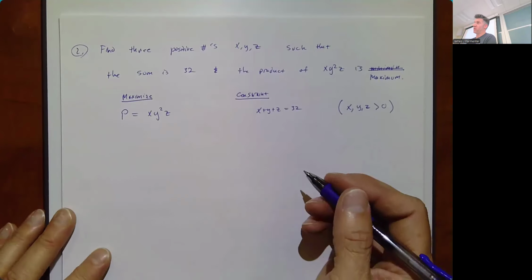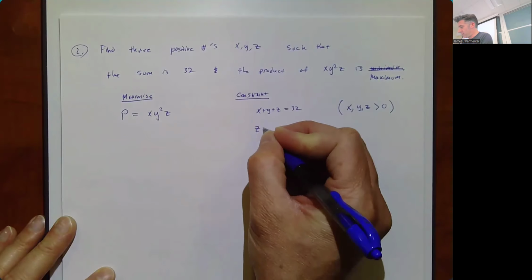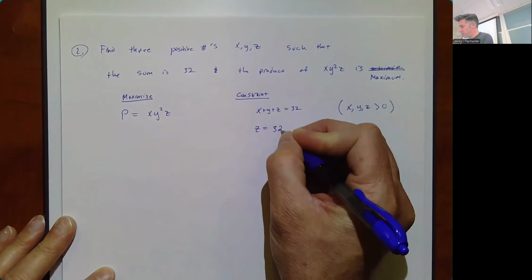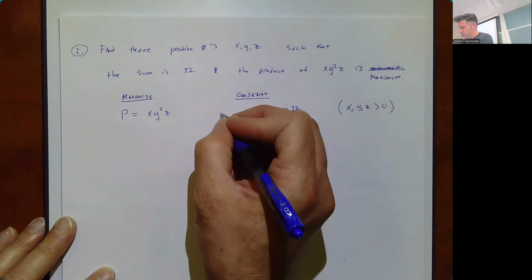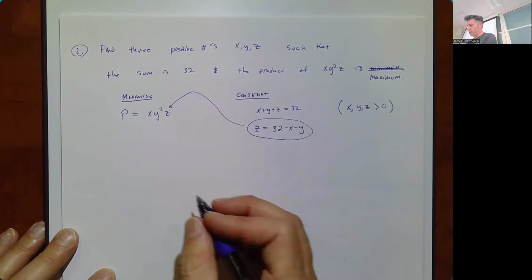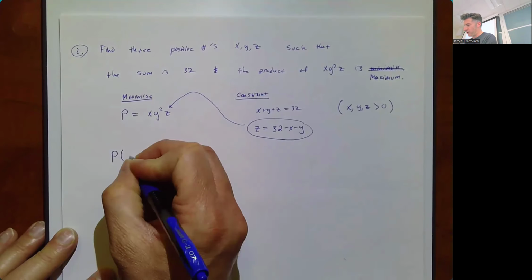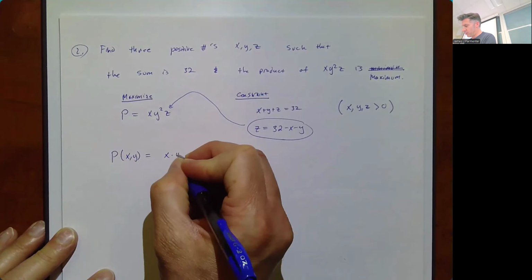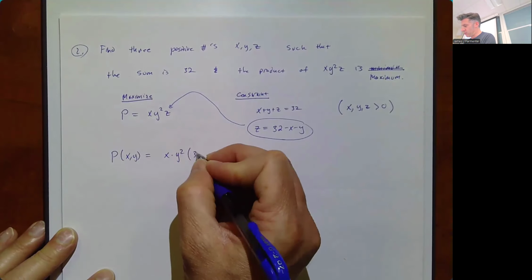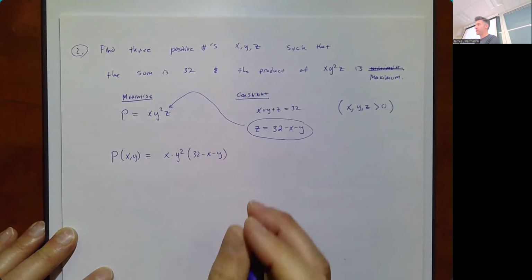And since we like writing functions of X and Y, I'm going to solve for Z. Z equal to 32 minus X minus Y. And then that is what I'm going to substitute into that equation there. So then we're trying to maximize the product as a function of X and Y, which is X times Y squared times 32 minus X minus Y.